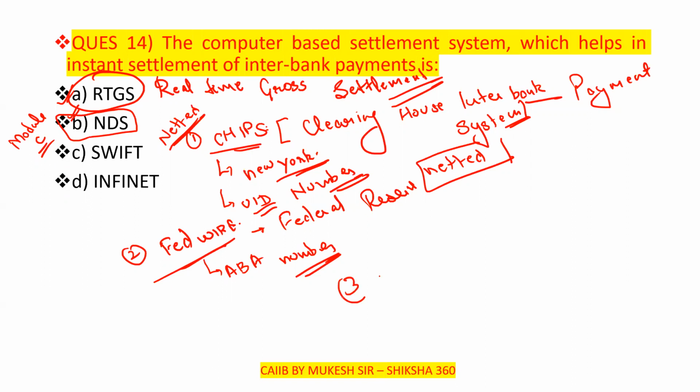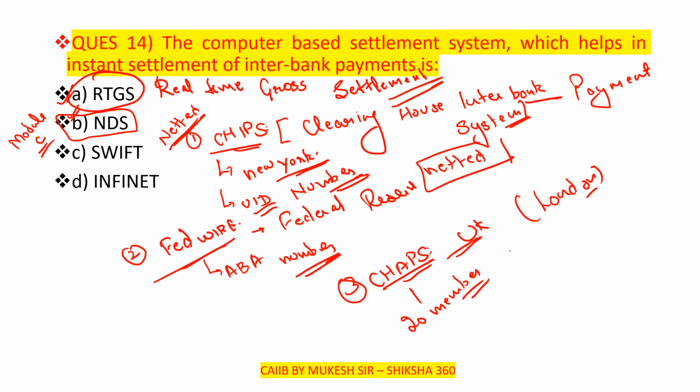Third one is CHAPS. CHAPS is used in the UK, or we can say exactly London. There are 20 member banks of CHAPS.